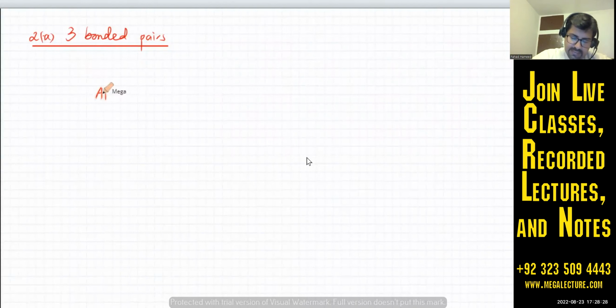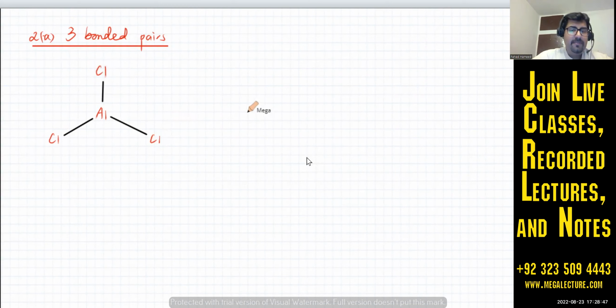Now AlCl3 के अंदर they're just three bonds. So you've got one bond with Cl, another bond with Cl, and another bond with Cl. So you've got three bonds, that's it.